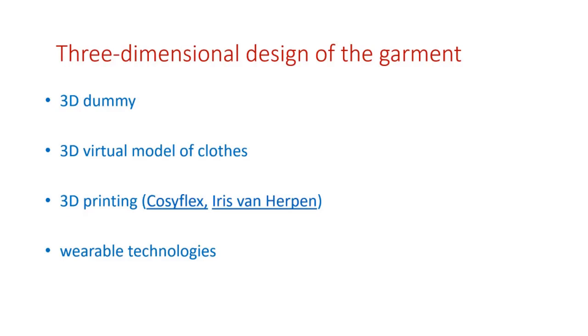The second one is 3D virtual model of clothes, 3D printing. I just put here some examples of 3D printing: Cosiflex company and Iris van Herpen, still a young designer. And the last one is wearable technologies.